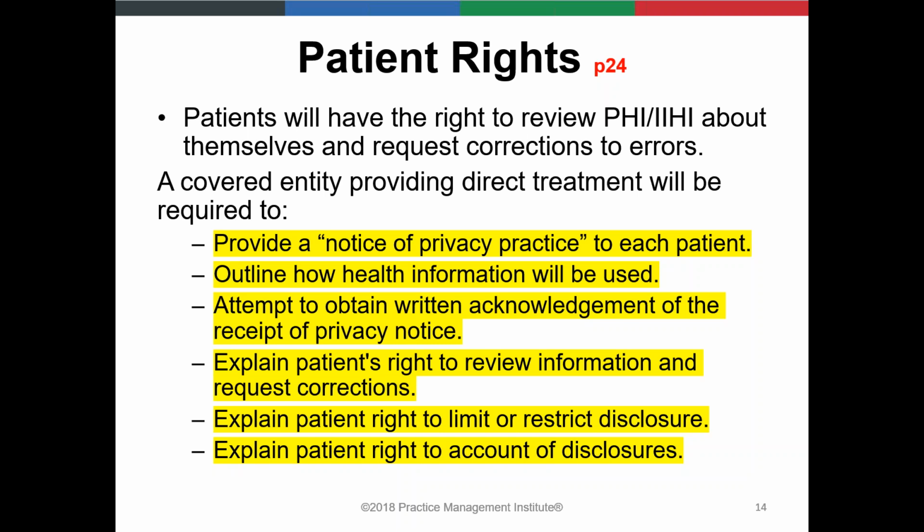Explain the patient's rights to review and request corrections, explain their right to limit or restrict disclosure, and explain that they have a right to an accounting of disclosures of the breach of PHI if it was to happen.